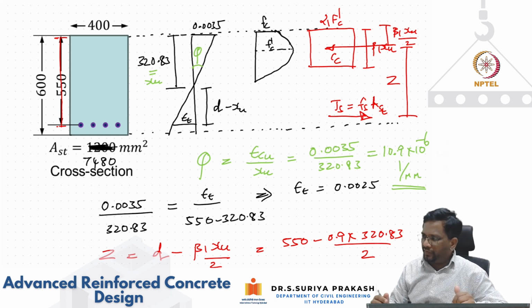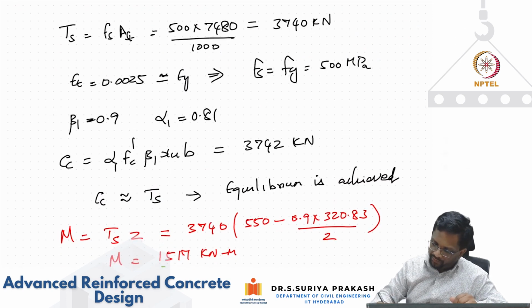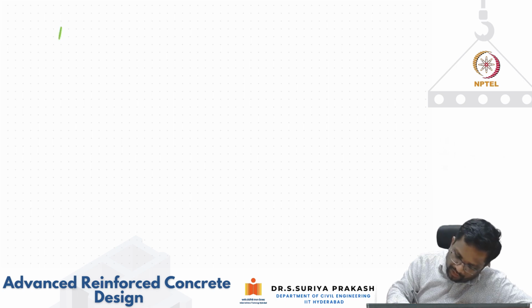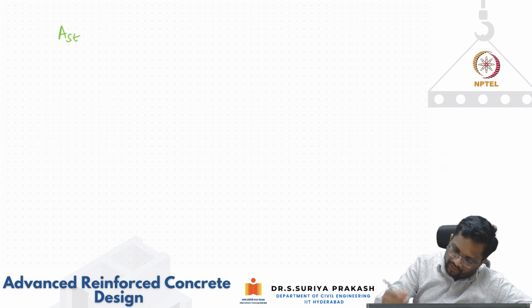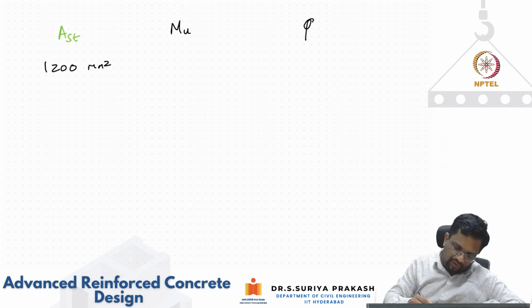If you compare with the previous case, we got a moment of 1517, so let's go back and compare. Let me write that as Ast. When Ast was 1200 mm square, your moment resistance Mu and curvature. Moment resistance was how much?